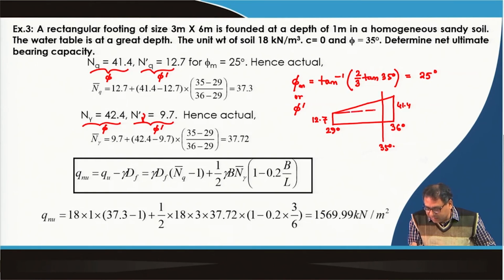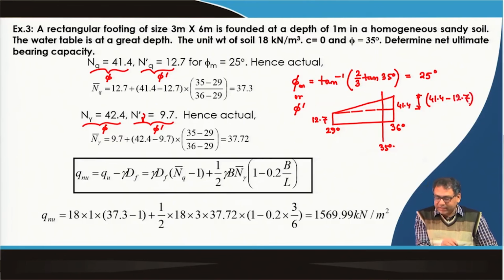So, now we can interpolate these things, because this value is nothing but 12.7 plus 41.4 minus 12.7 into 35 minus 29, because this is 35. Okay, this is 35 minus 29 and this is 36 minus 29, the bigger side of the triangle. So, 36 minus 29, 35 minus 29. So, this way we can calculate the bearing capacity factor.